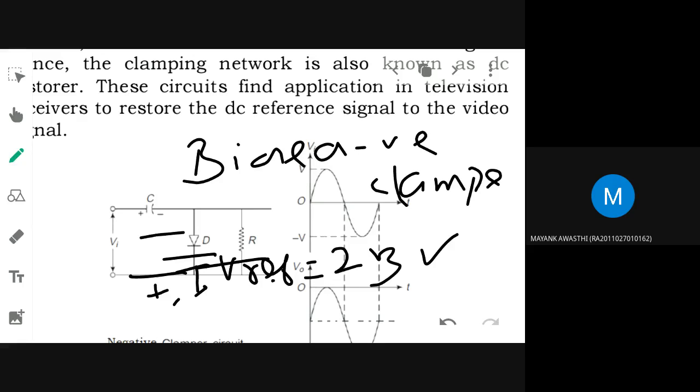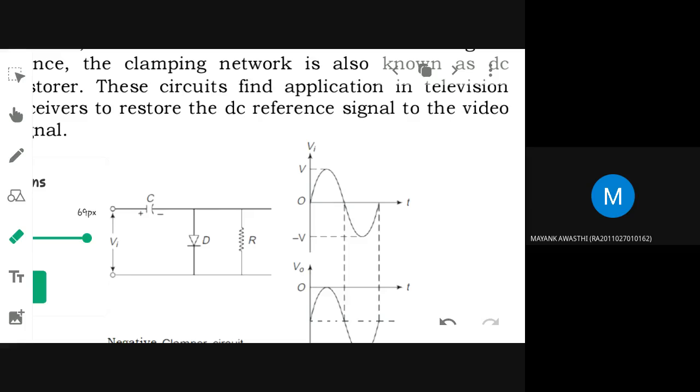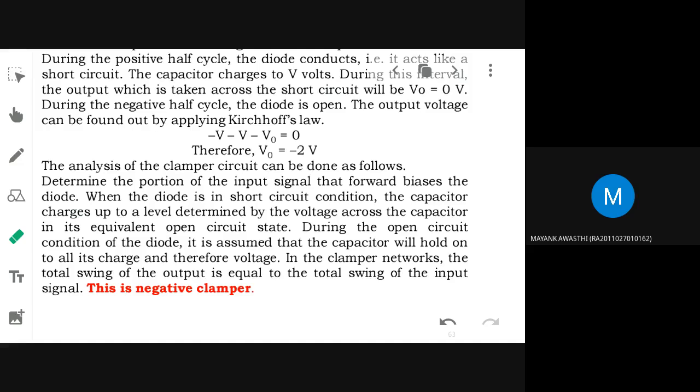How it happens is during the positive half, when this diode is in conduction state, the capacitor will be charging to minus V. In the next case it will be retaining, I mean discharging, plus it will be charging again. So for 2 times V you will be getting at the output. If you add one extra V reference to it, then the output voltage will have that extra V reference.